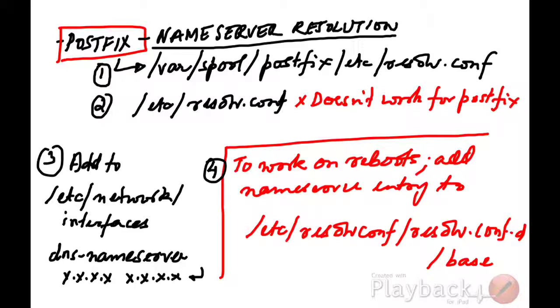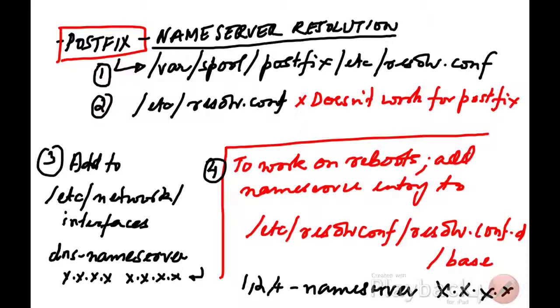There are multiple formats of adding a name server, but for options 1, 2, and 4 you need nameserver x.x.x.x. However, for the third one it is different. There are 4 methods of adding a name server.